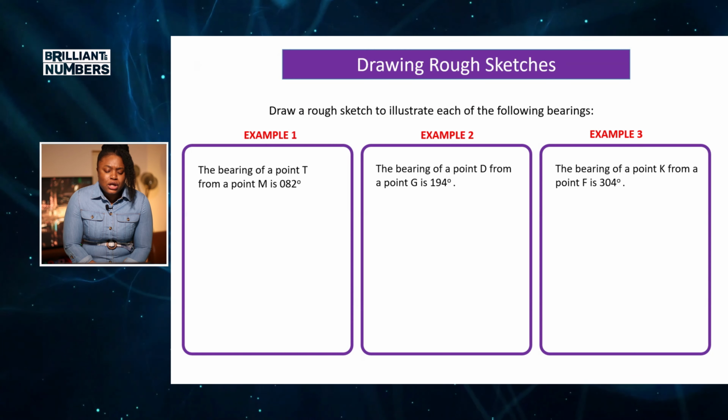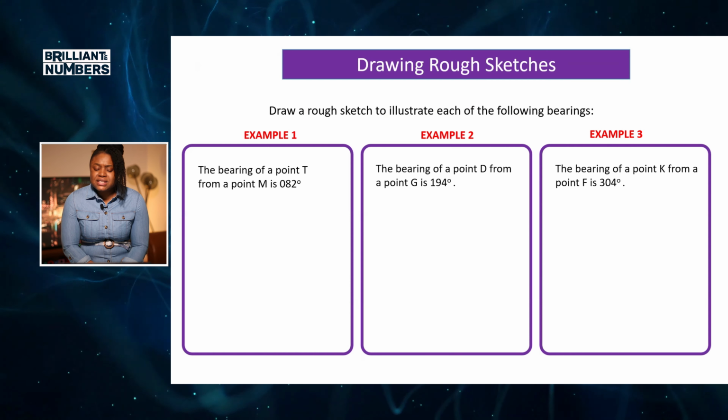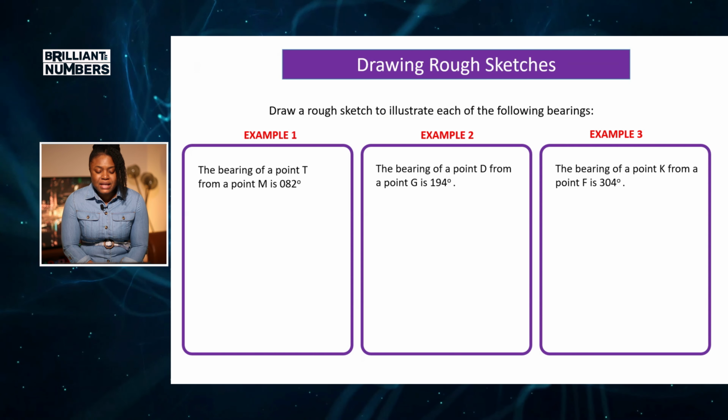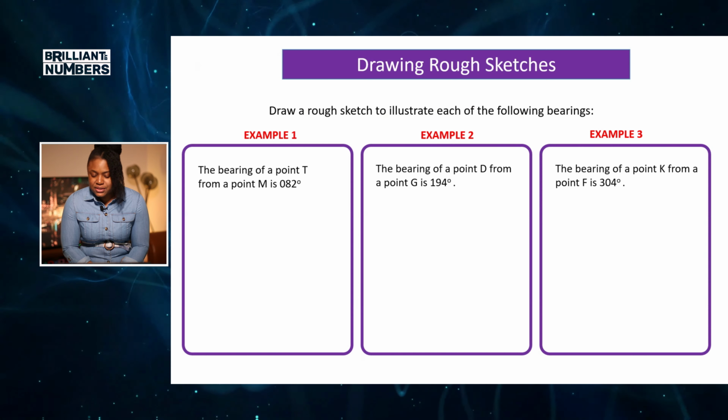So here, we're asked to draw a rough sketch to illustrate each of the following bearings. Example 1, the bearing of a point T from a point M is 082 degrees. Now, key point here, remember our reference point is always the one that comes after the word from.